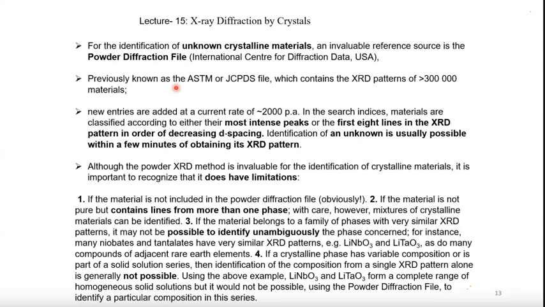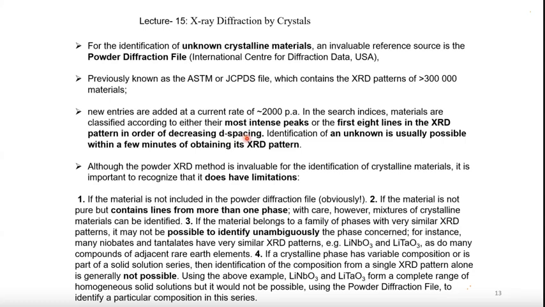What we have to see from that card, we'll talk about in a later slide, but one thing we can see here is that the intensity is what we have to look at very closely, and specifically in this card the first 8 lines in the XRD pattern in order of decreasing d-spacing, with which we identify these unknown materials.